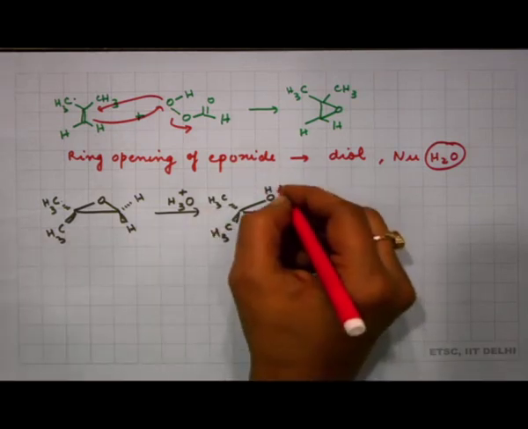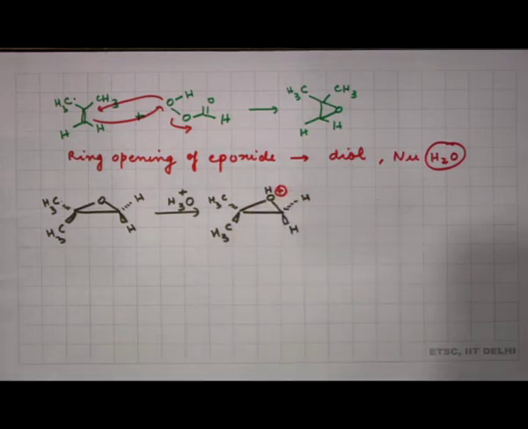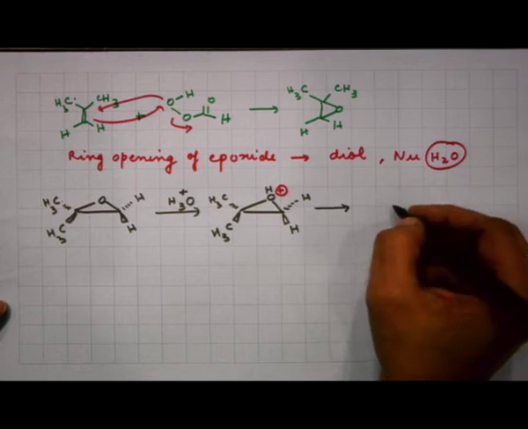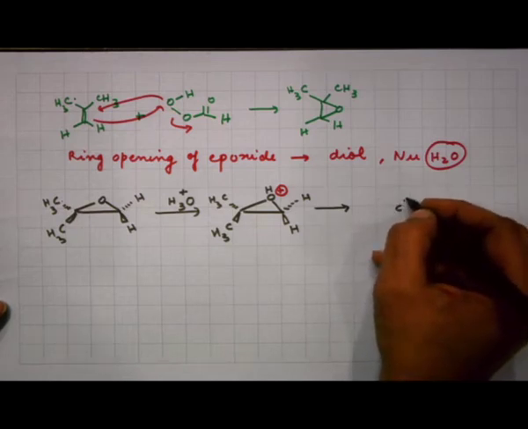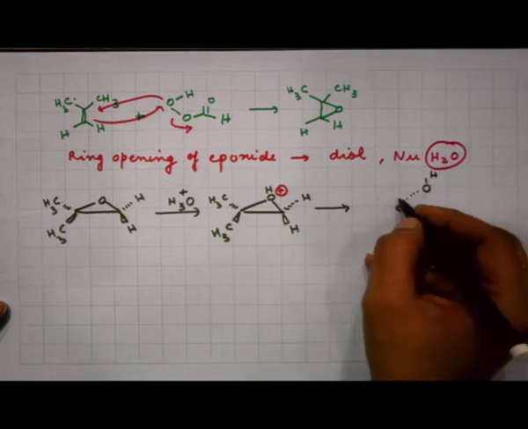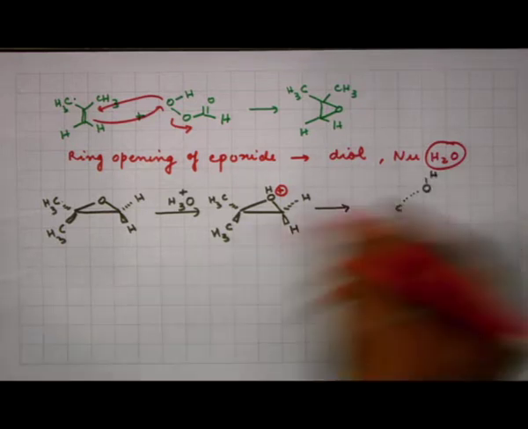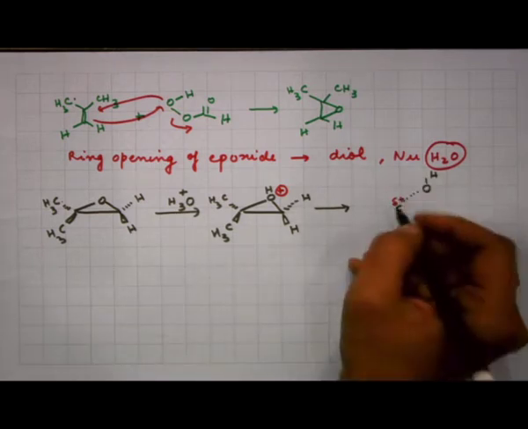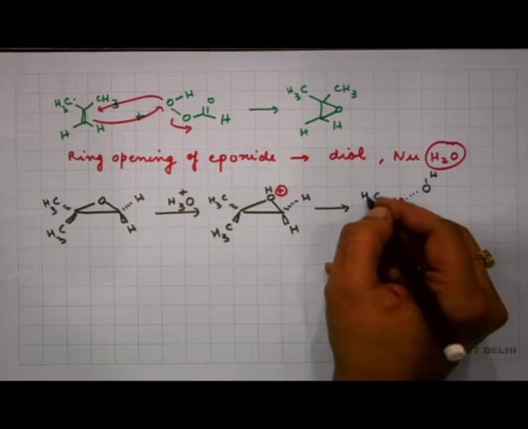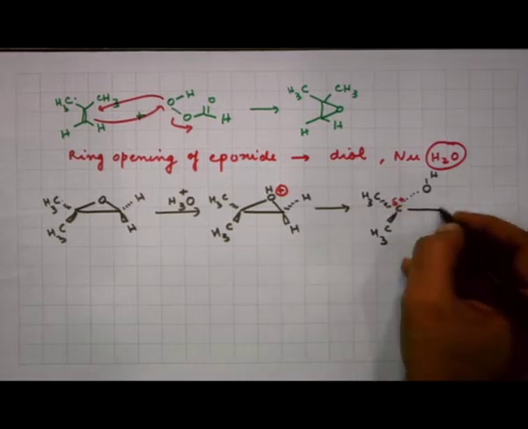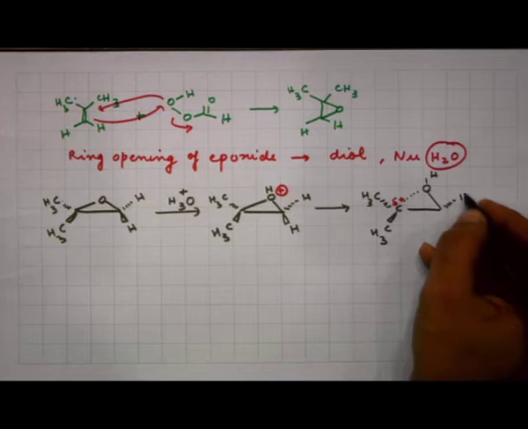This can also be seen in terms of the partial weakening of this carbon-oxygen bond, this bond lengthening, and the positive charge residing on the carbon which is more substituted. So, the positive charge goes and sits on the more substituted carbon of the initial original olefin.